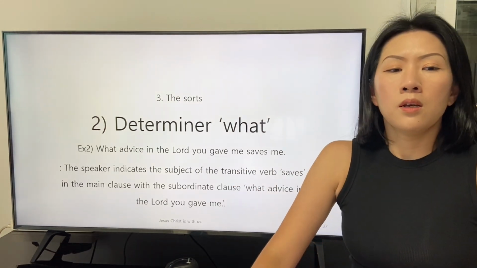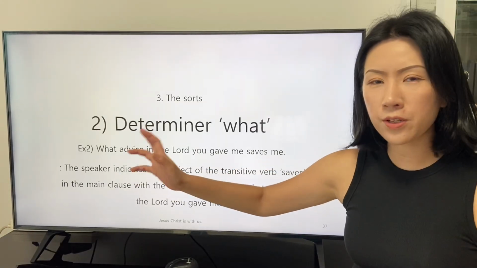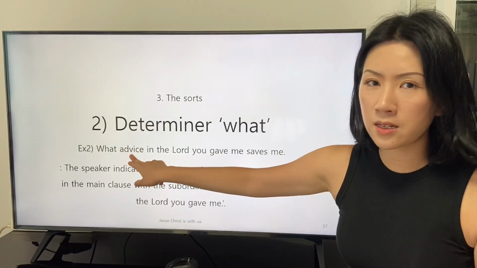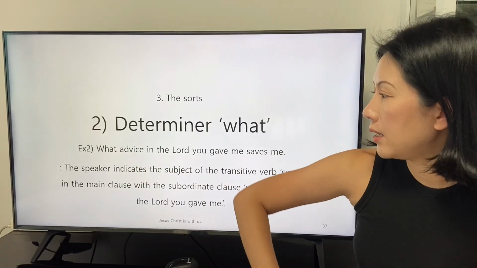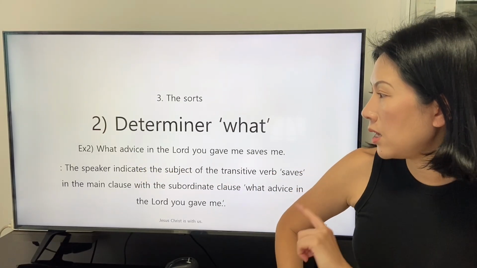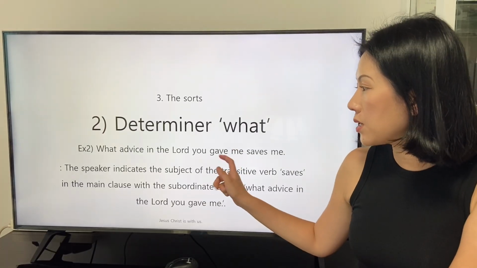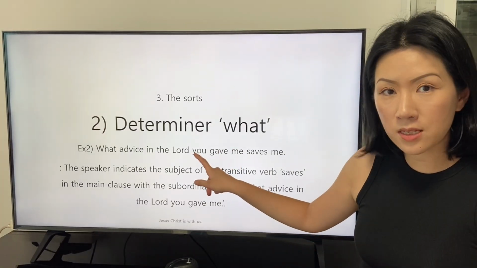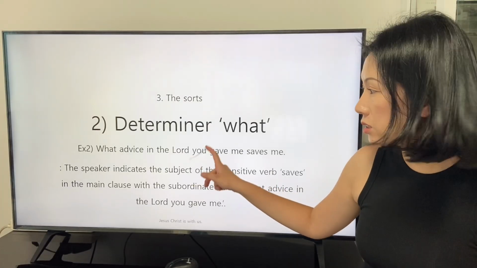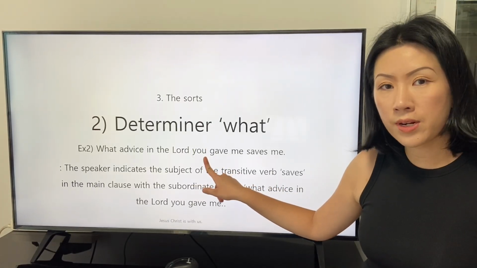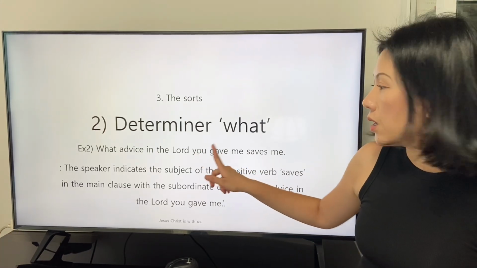And the phrase of the noun, what advice, including the determiner what in the subordinate clause, is the direct object in the subordinate clause, because the subject of the subordinate clause are the listeners, and the transitive verb gave describes the listeners.